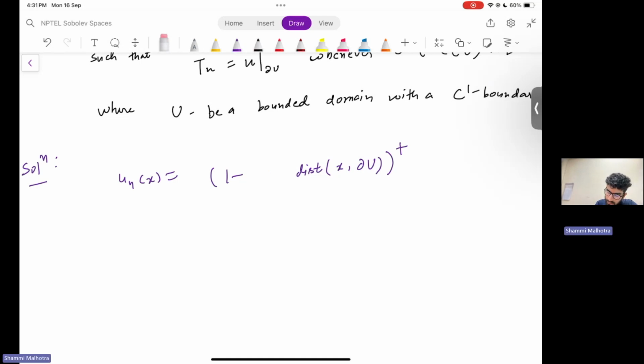The positive part is helpful as follows. If I take this to be my U, then anything on this is my boundary of U. Anything outside the distance 1 will take value 0, and whenever it is within distance 1, it will increase from 0 and go till 1 only.